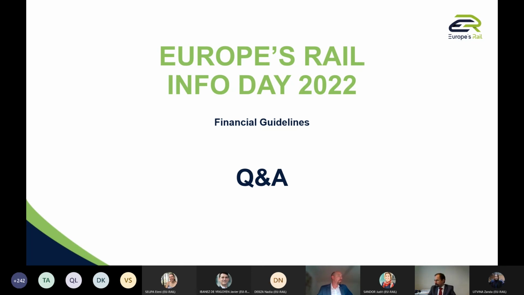The next question is how can an organization reimburse the overhead expenses and other administrative expenses? Is it covered with the 25% flat rate? Yes, in principle, yes. Okay, so in Horizon Europe, the SMI can have 100% funding.